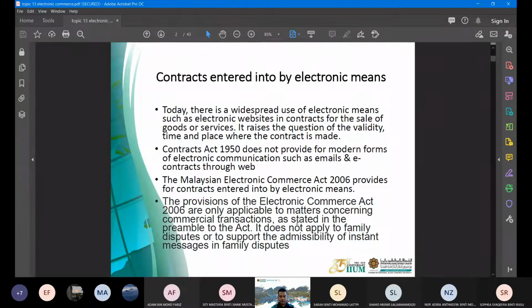Okay, so this one, we have the Contract Act 1950. However, as you have learned, it does not provide for modern forms of electronic communication, such as email or e-contracting through the web. So even the Contract Act has not been revised for so long already.